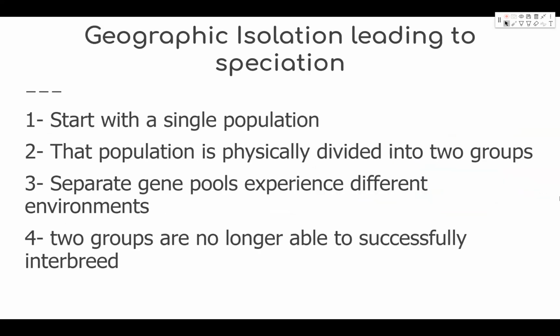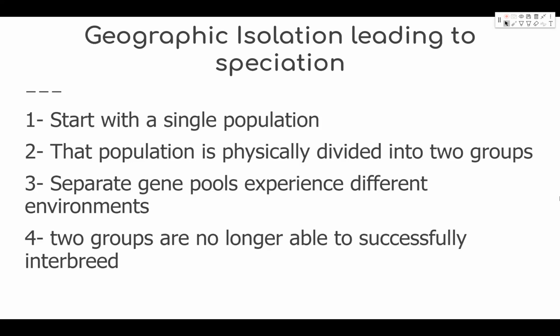All right. So, this is the process of speciation with geographic isolation. We start with a single population. We'll say these are bugs again because bugs.